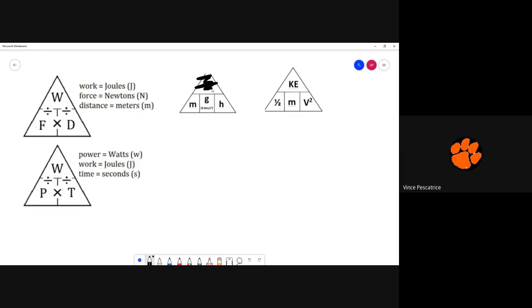So we cross this out. Now you have mass times gravity times height. The mass was 1,000. Gravity is always, always, always 9.8.